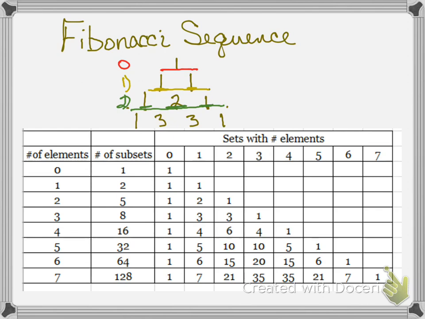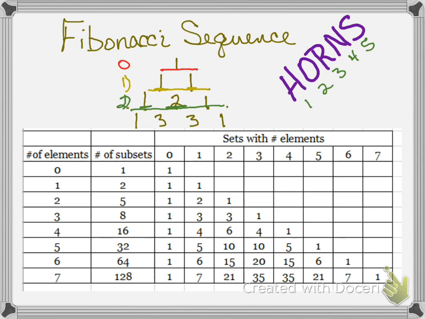Okay? Now we have H, O, R, N, S. That's 1, 2, 3, 4, 5 letters, 5 elements. So if I look at 5 elements, I'm going to end up with 32 subsets.